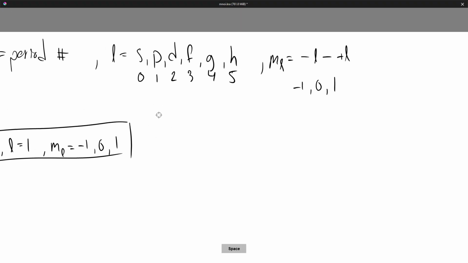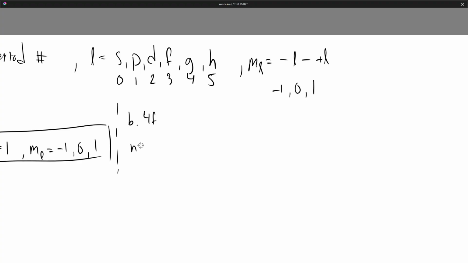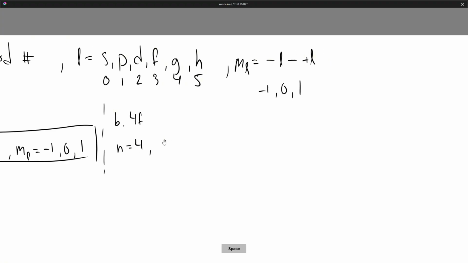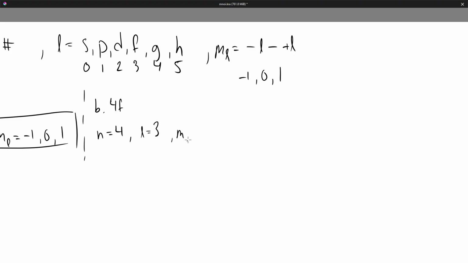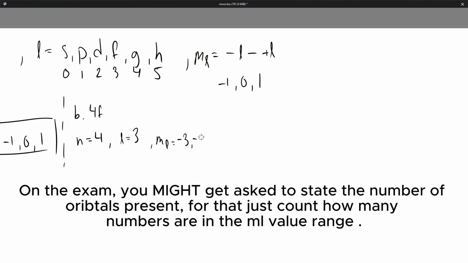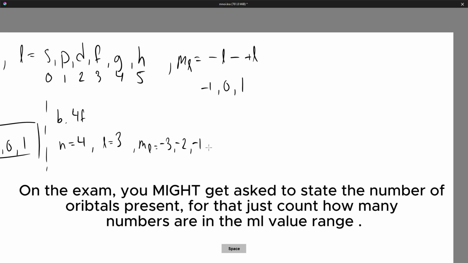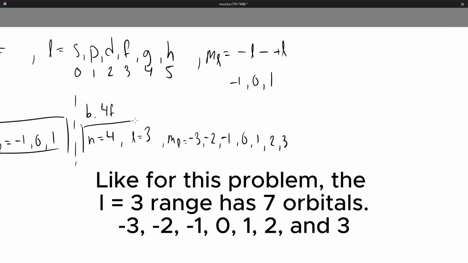So let's do B. B is 4F. Right off the bat, N is 4. L is 3. So your ML values are the negative up until the positive range of your L value. So -3, -2, -1, 0, +1, +2, +3. Boom, like that.